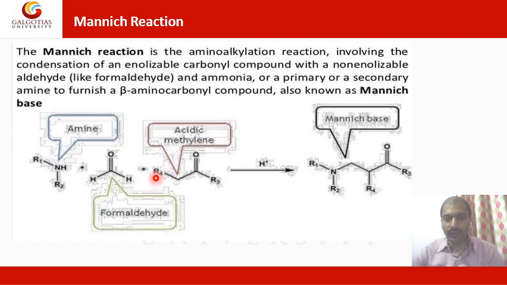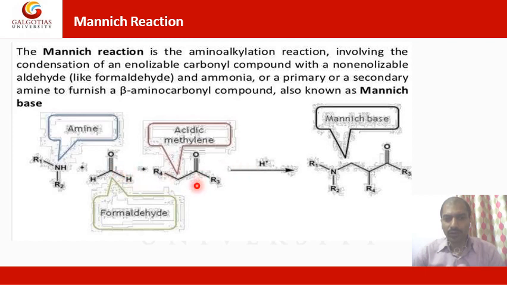This is formaldehyde and amines taken during the course of the reaction, involving the condensation of an enolizable carbonyl compound with a non-enolizable aldehyde like formaldehyde and ammonia, or primary or secondary amines, to furnish beta amino carbonyl compounds, also known as Mannich base. This Mannich base has great application in a number of reactions, and it can be synthesized by this method, the Mannich reaction. So this is called the Mannich reaction.